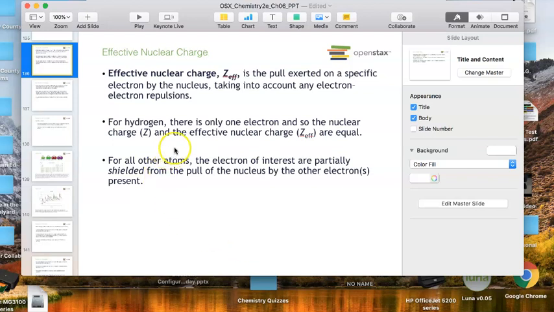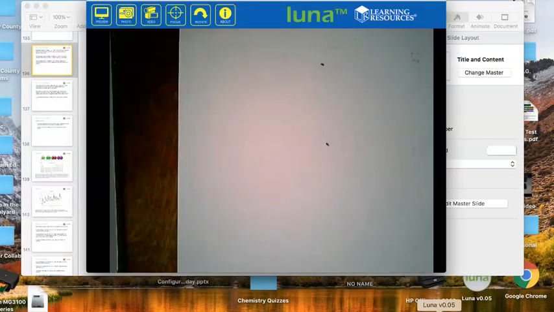For example, for hydrogen there is only one electron, and so the nuclear charge and the effective nuclear charge are equal. But for all other atoms, the electron of interest is partially shielded from the pull of the nucleus by the other electrons present. If an electron is in front of another electron, it's shielding the pull of the nucleus.